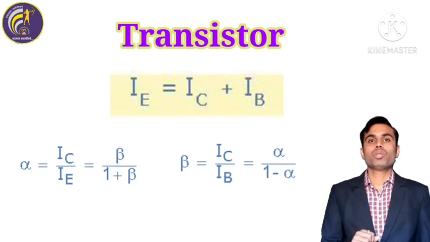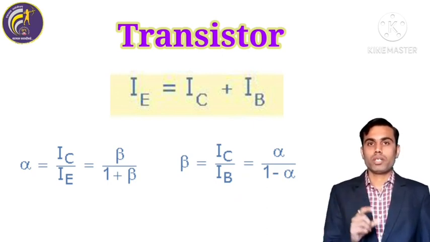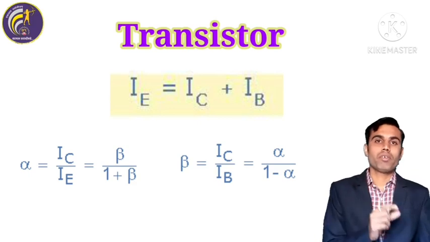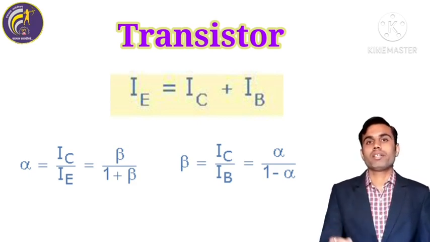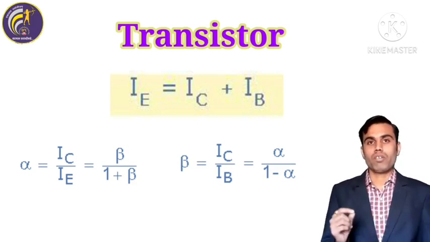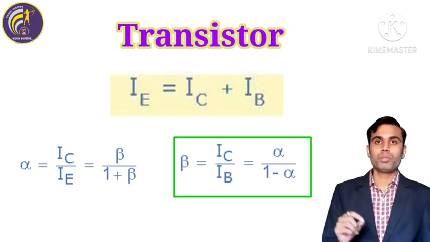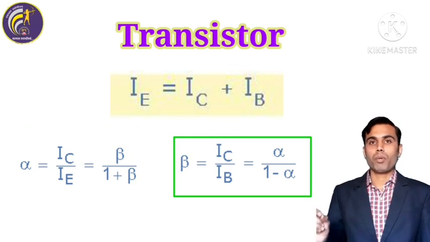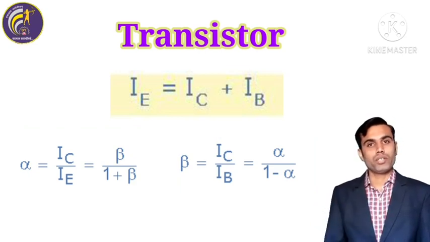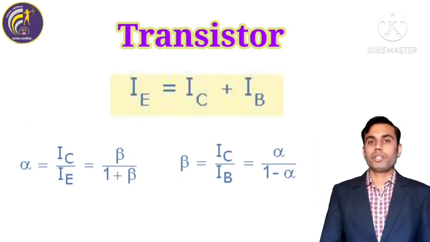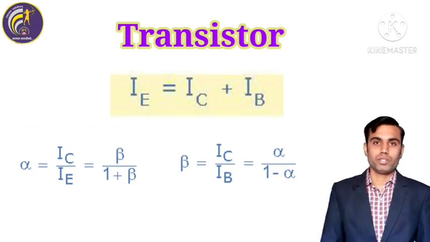So these are the two current ratios available in the study of transistors. If we take the relation between alpha and beta with each other, then we get these equations. Alpha is equal to beta upon 1 plus beta, and beta is equal to alpha upon 1 minus alpha.